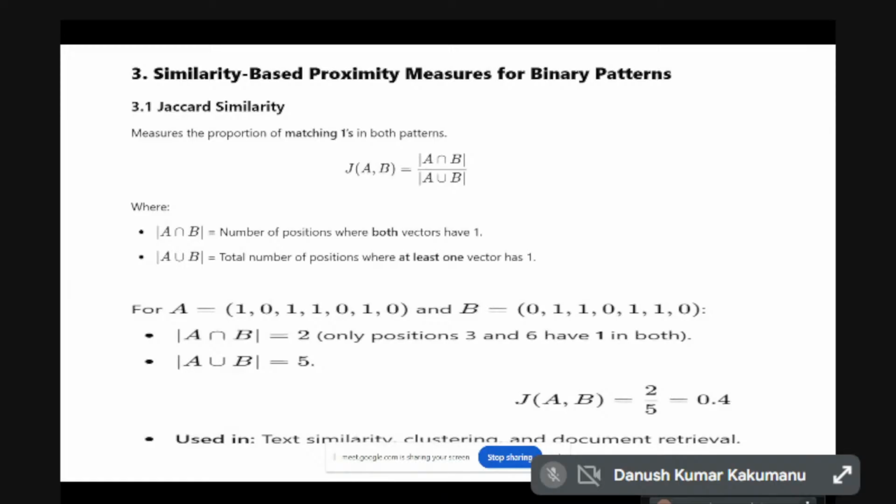Similarly, the sixth position has both 1, so A intersection B is 2. Coming to A union B, positions where at least one vector has one, we will consider for counting. Right now, solve it.